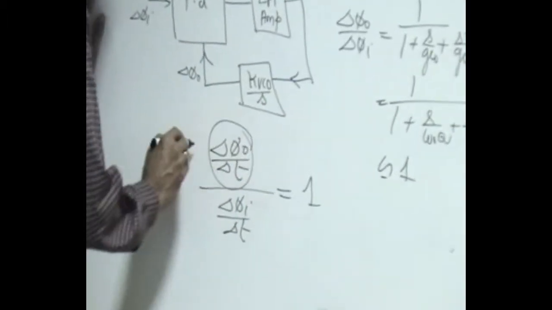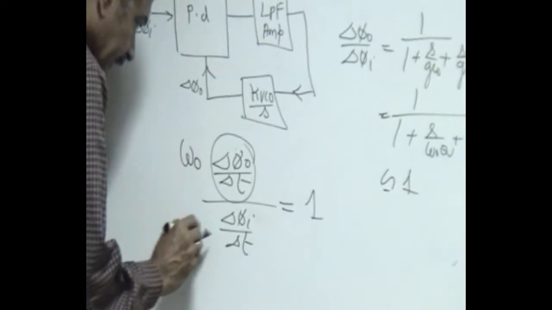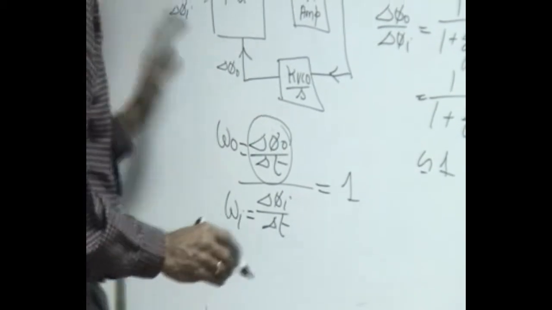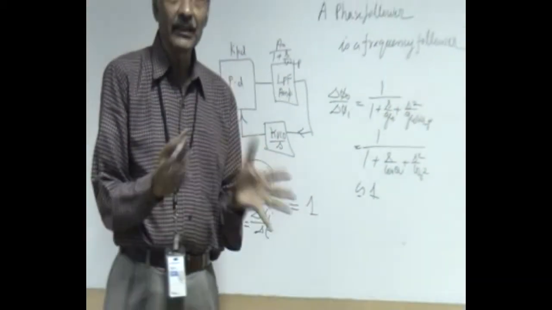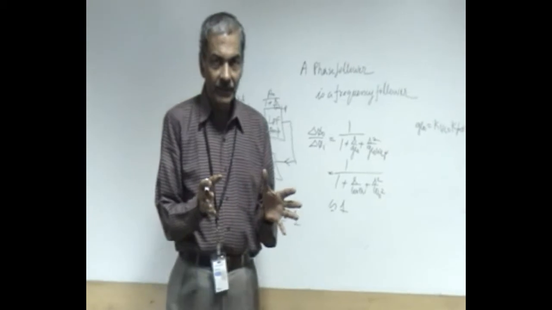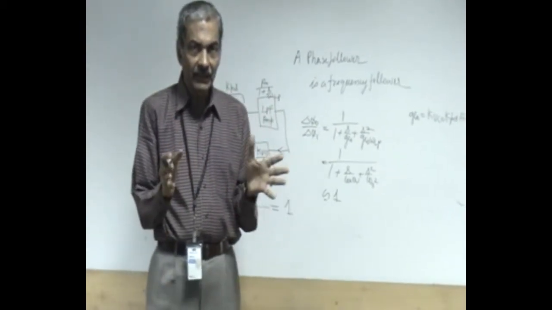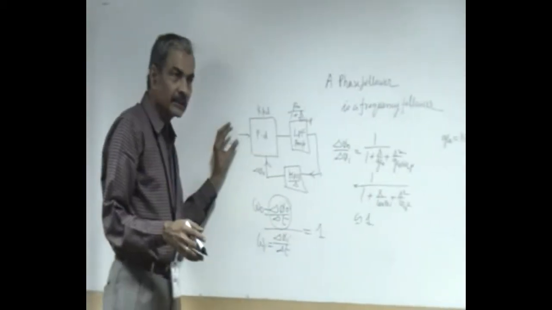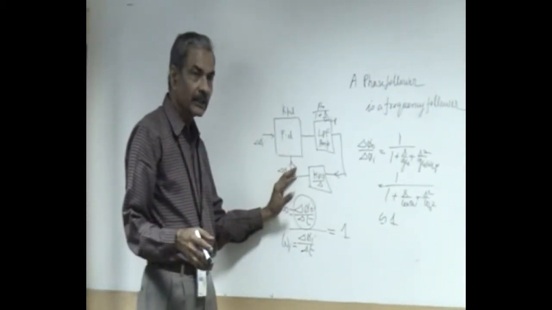What does this mean? This is nothing but omega naught, the output frequency, and this is the input frequency. So output frequency becomes the same as input frequency, and we have established that output frequency follows the input frequency.